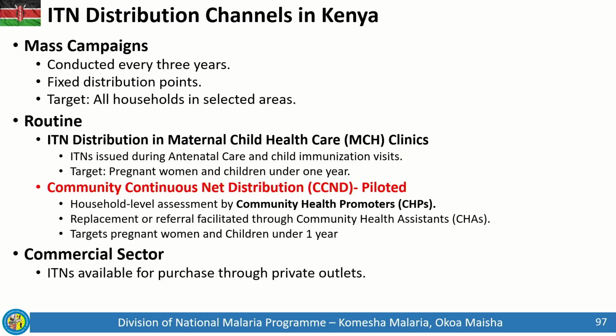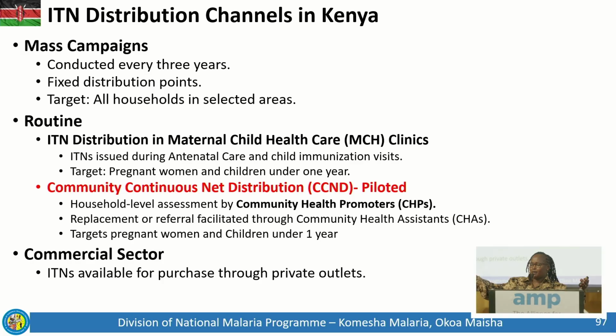So the question as a country is, we knew there was still a gap within the 3-year period. If we have attrition, then we are not maintaining the coverage that we achieve at a mass campaign. That is one of the issues we wanted to address, and so we started working on a community continuous net distribution, which was within the strategy, but we had not been implementing using that channel.